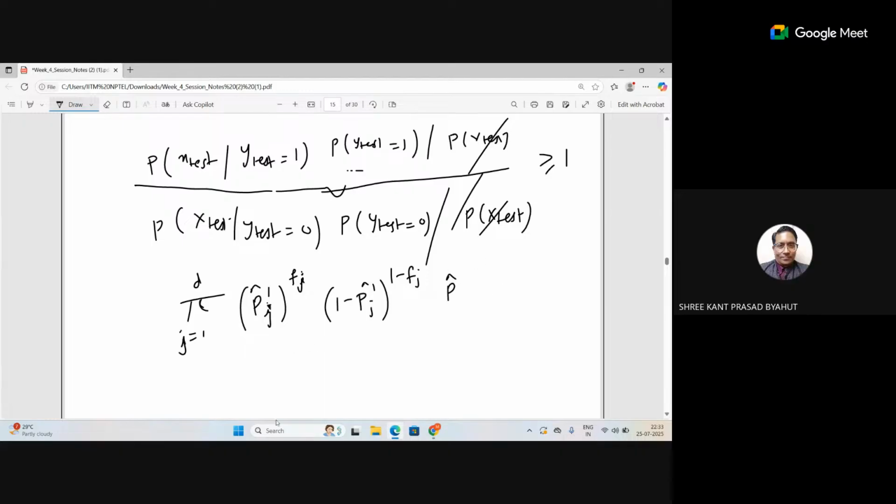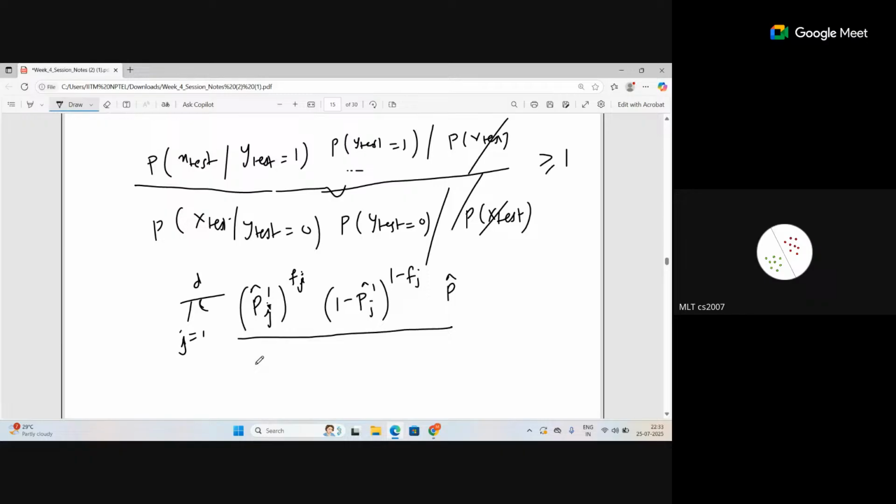I used i earlier, but let us say j here because I'm using i elsewhere. Can I do the product common for all? Anyway, it will be for all d features.